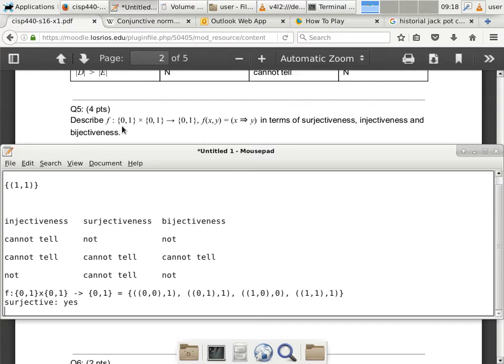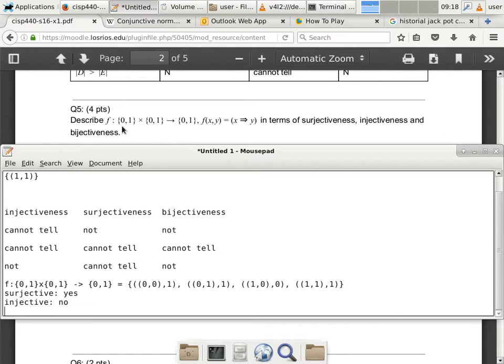So the answer is yes to surjective. Is it injective? It cannot possibly be injective, because your domain has 4 elements and your codomain only has 2 elements. But because it is not injective, that is enough reason to say that it is also not bijective.